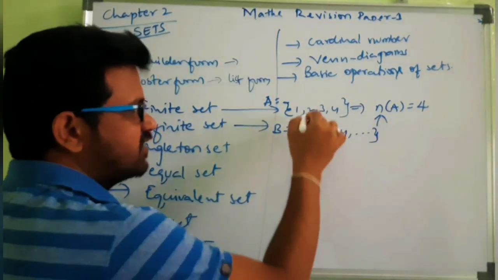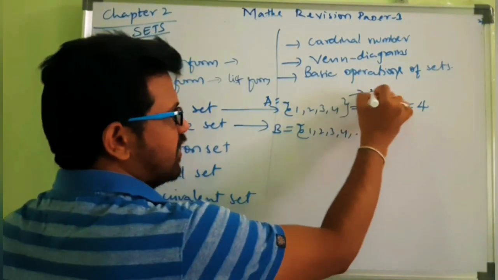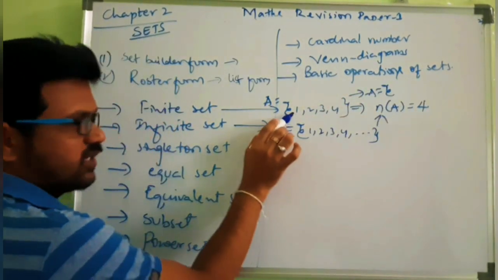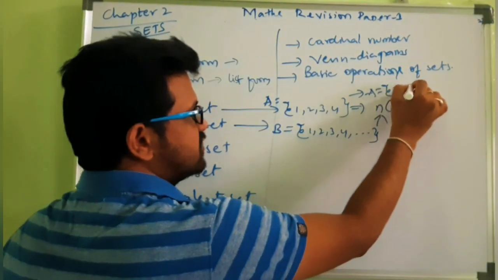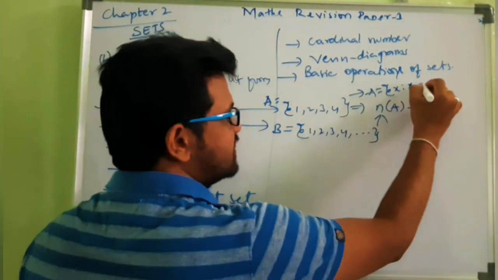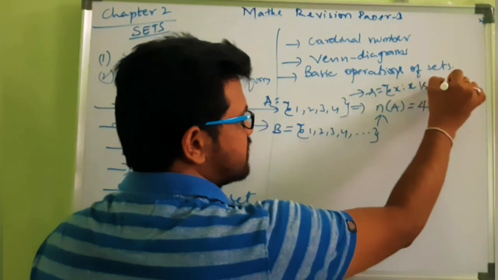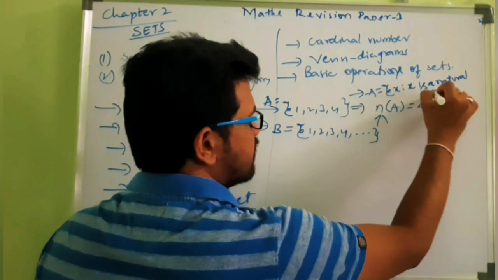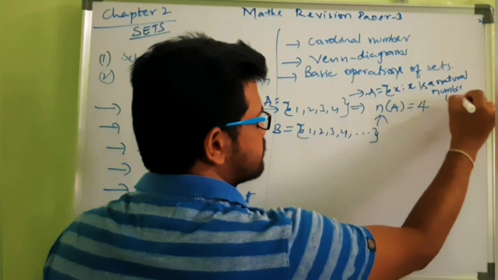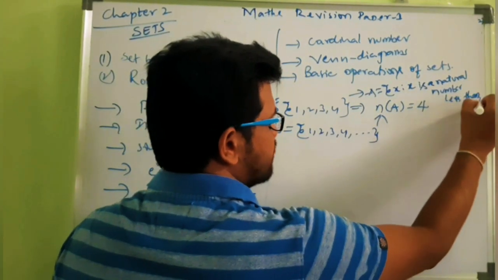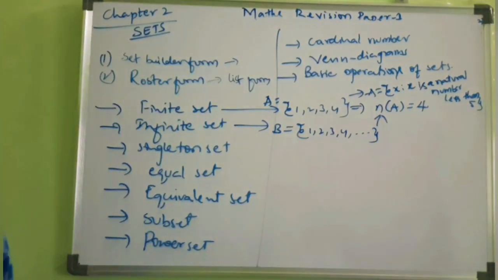And how we can write this is in roster form and set builder form. See, I wrote in roster form, we can write in set builder form. How to write? x such that x is a natural number less than 5.